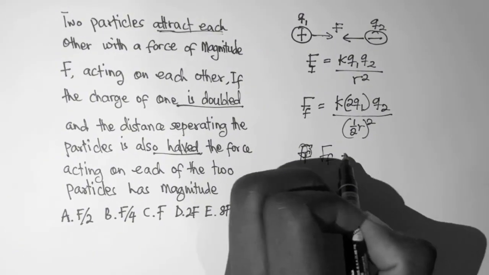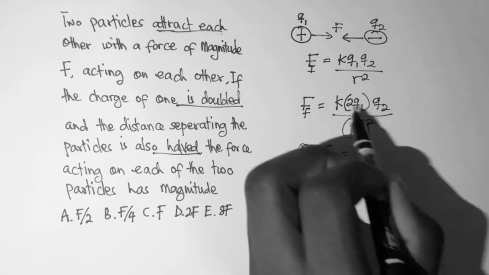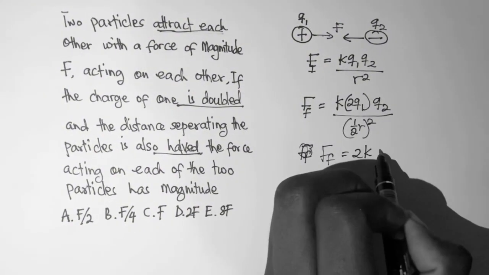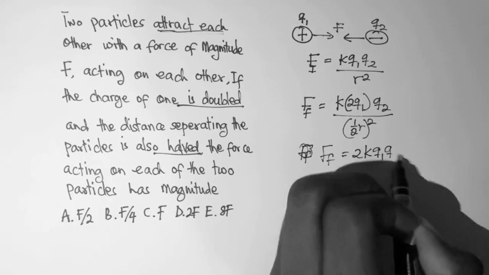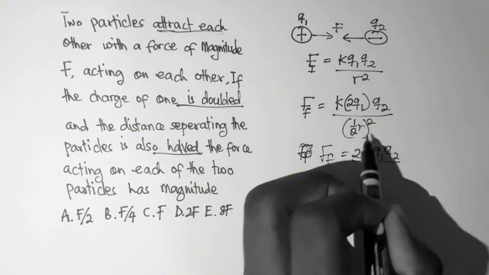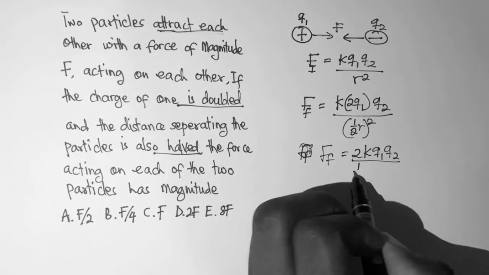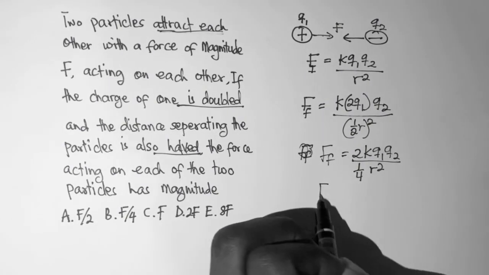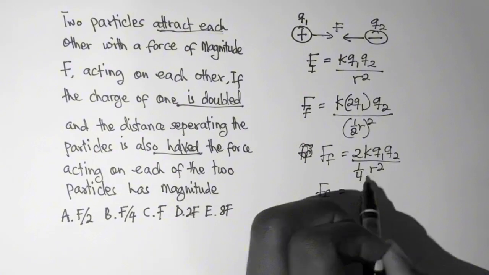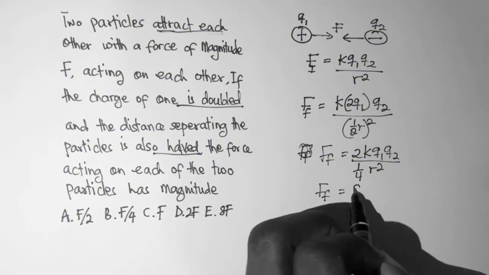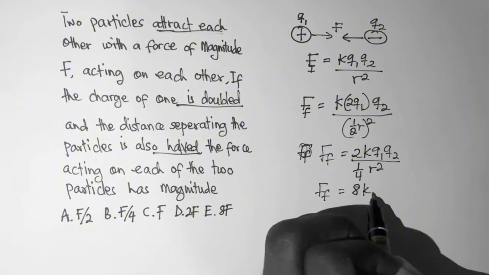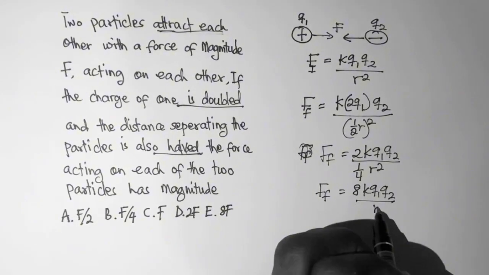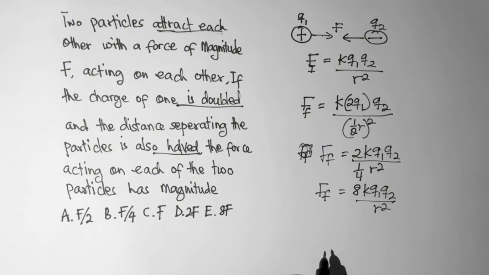So Ff is equal to, let me pull this constant out, 2k Q1 Q2 divided by, now 1 over 2 squared is 1 over 4, times R squared. So Ff is equal to, this 1 over 4 goes to the top, so it becomes 8k Q1 Q2 divided by the square of the distance between them.